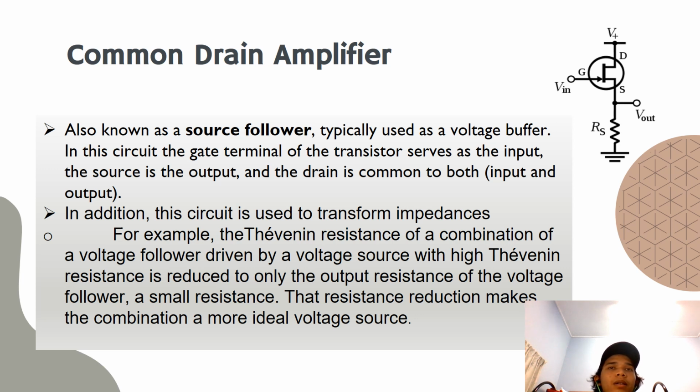For example, the Thevenin resistance of combination of a voltage follower driven by a voltage source with high Thevenin resistance is reduced to only the output resistance of the voltage follower. A small resistance. That resistance reduction makes the combination a more ideal voltage source.